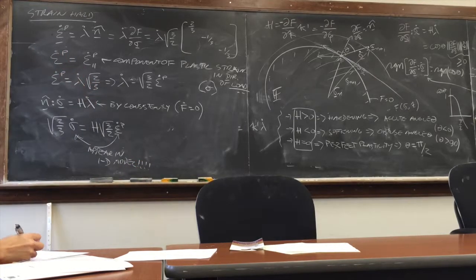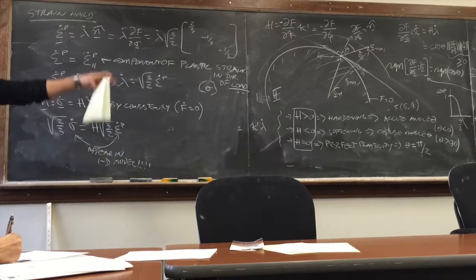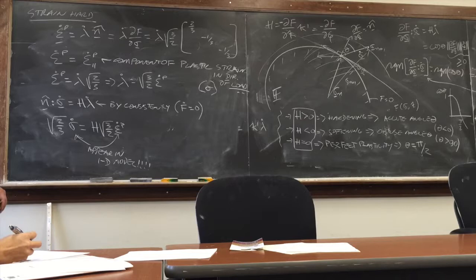You see that? They are your one-dimensional sigma, good old friend sigma dot, and your good old friend epsilon dot p.